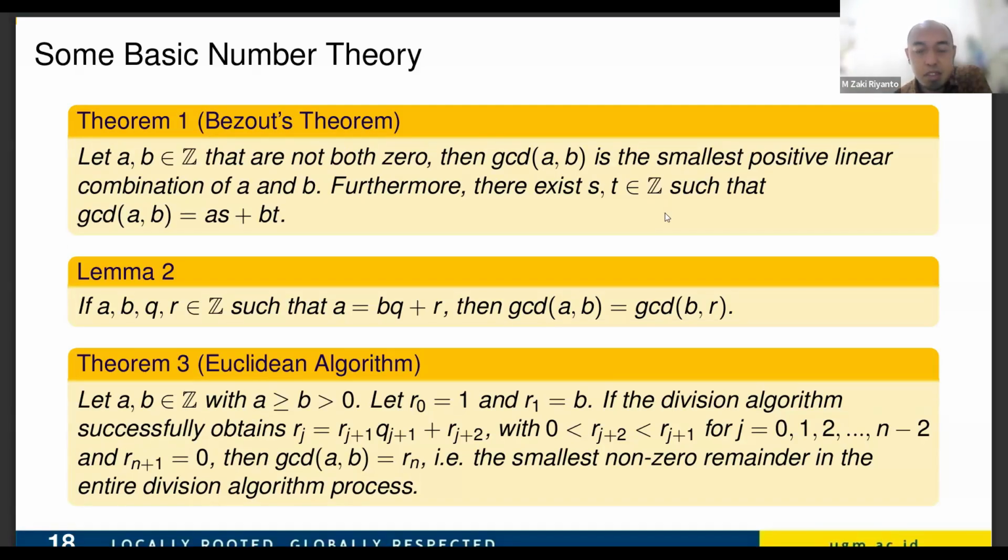If we have the GCD of two non-zero integers a and b, then there exist two integers s and t such that as plus bt is the GCD of a and b. And I think we also already know that we can compute the GCD of two integers using the Euclidean algorithm.